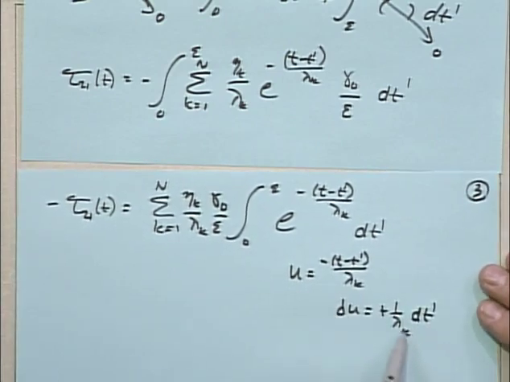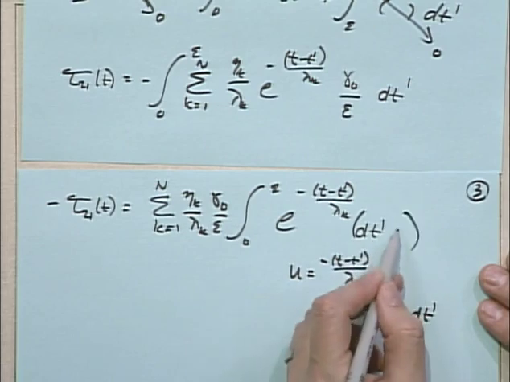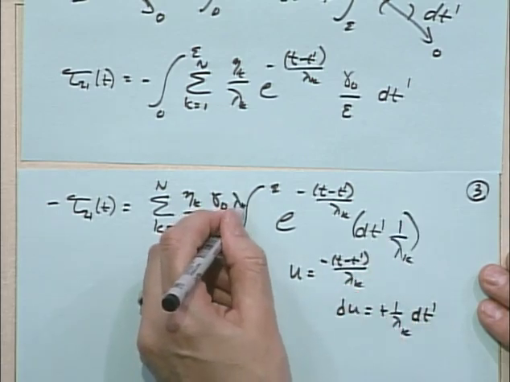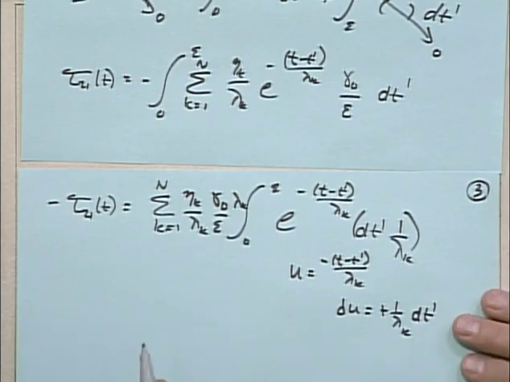I'm taking the derivative with respect to t prime, so t doesn't contribute. Minus 1 over lambda k is the coefficient, and then there's another minus 1, and I get that. So this is just like before. I have to put in a 1 over lambda k here, and take it out by putting a lambda k there, and I get e to the u du.